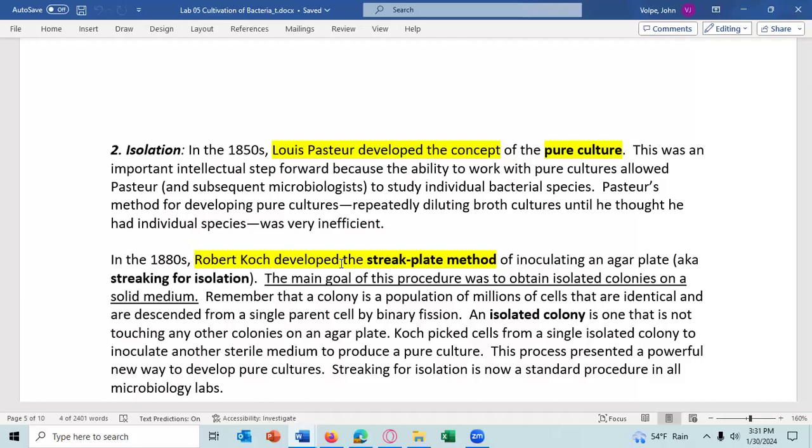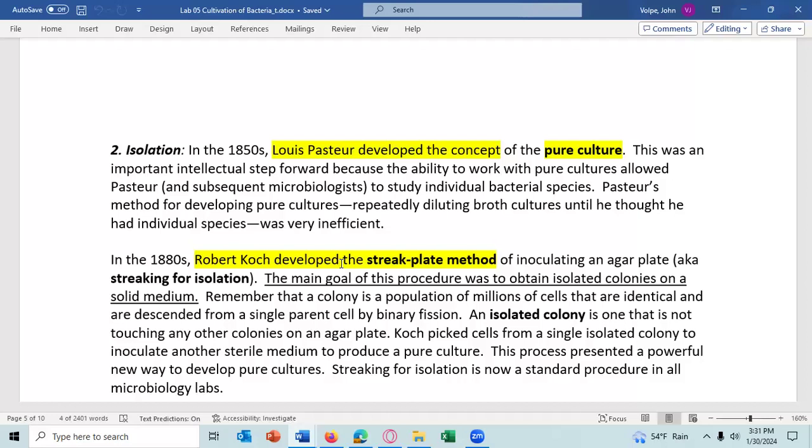Now, Robert Koch developed a much easier way of developing a pure culture. What he did was he streak plated the cultures on an agar dish, plating them out to get isolated colonies. And then he picked the cells from one isolated colony and streaked it out on a second plate to get isolated colonies.